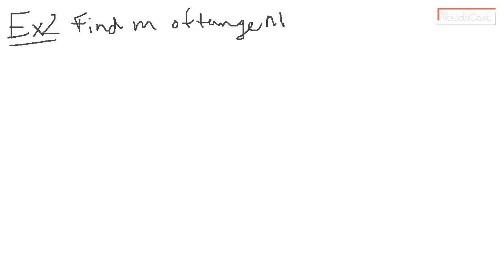So we're going to look at example 2, and what we're going to do is look at, again, finding the slope of the tangent line to the function f of x is equal to x squared plus 1, and we're going to be looking at 2 points.